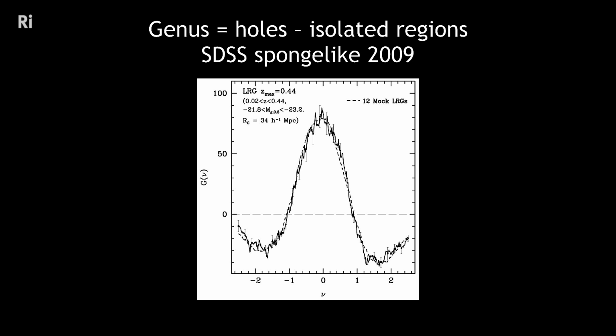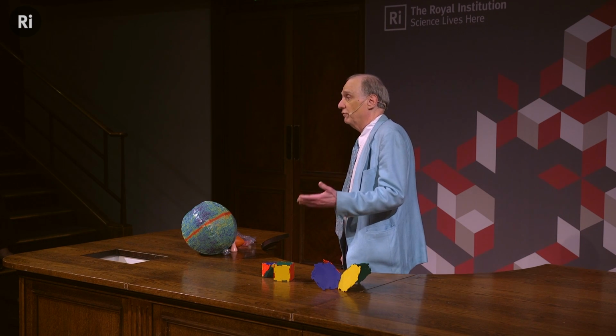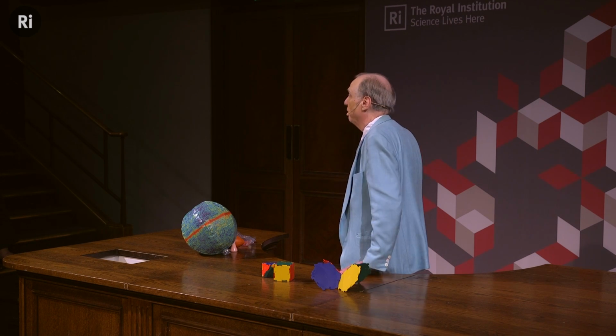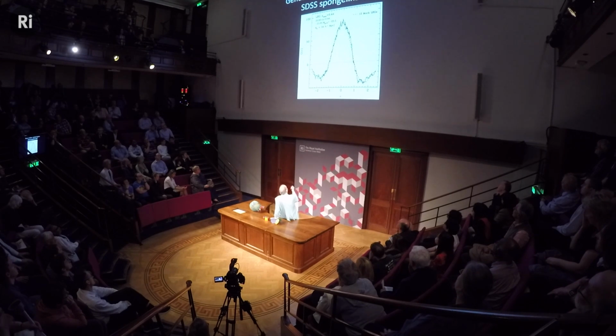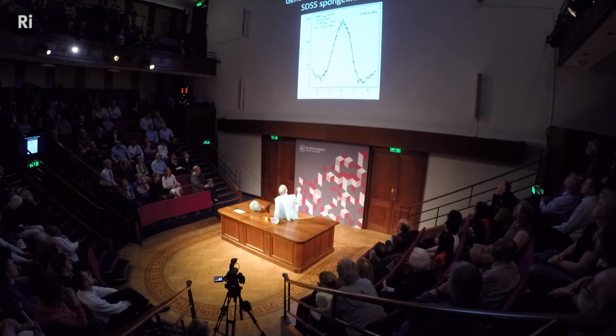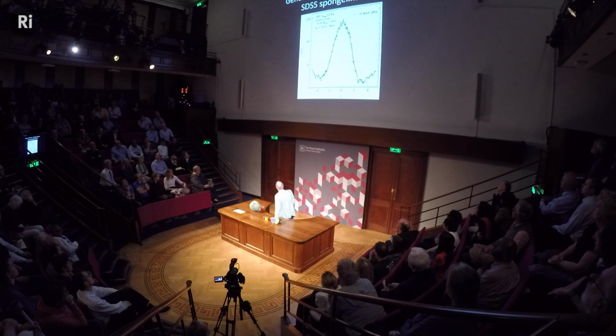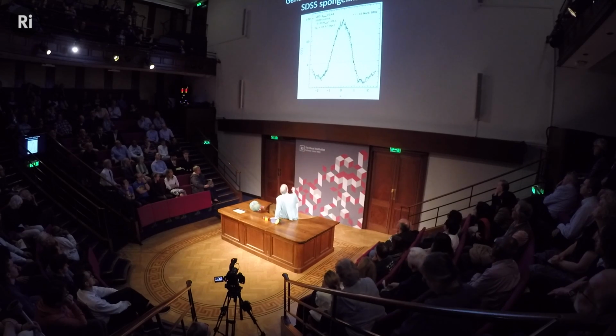And the dashed line, which follows it so closely, is the 12 mock catalogs that we made from N-body simulation that used the exact random initial conditions and power spectrum of fluctuations you expected from inflation. And this fit perfectly, explained the number of holes. These are at different density contours. This is the median density contour, but these are higher and lower density contours. It fits at all the density contours. This is quite a spectacular affirmation of the inflationary predictions.